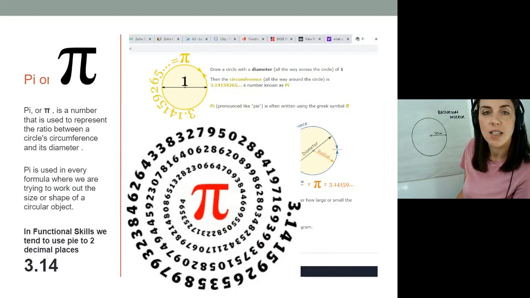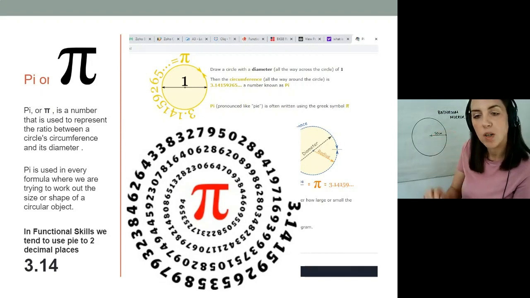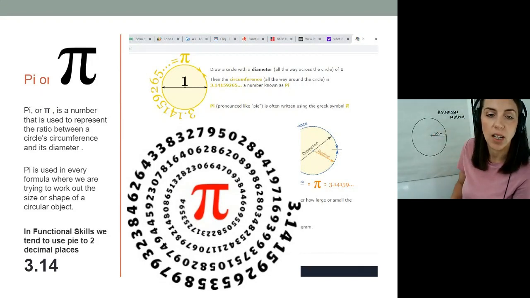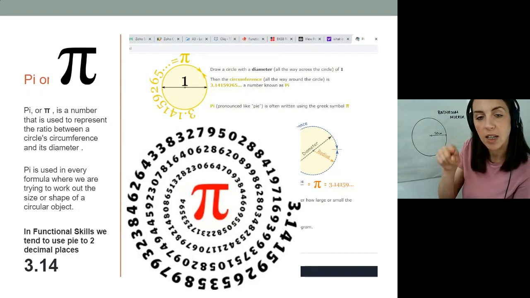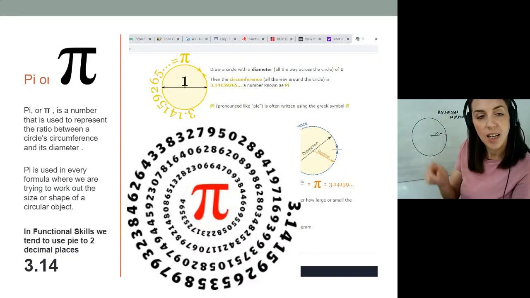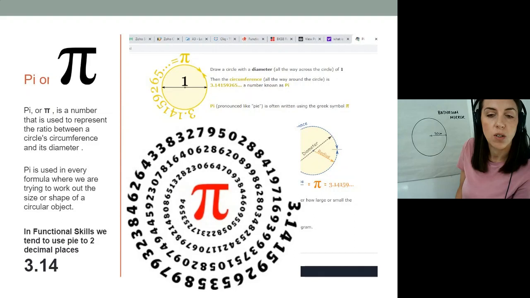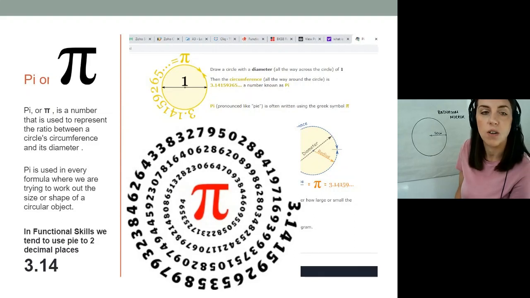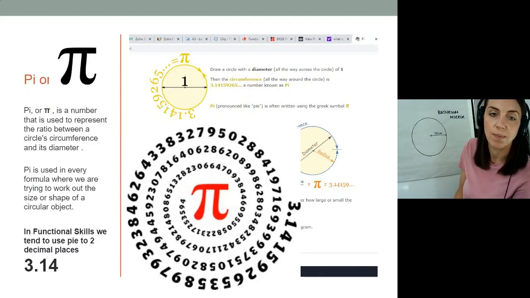On some occasions in your exam, it might ask you to use 3.142 or 3.141. But we just need to read the question carefully and see exactly how much they would like you to use for pi. But pi is actually infinite. As you can see in that circle, it goes on and on, 3.1415926535889, and so on. When I was at school, I was taught it's 3.142, or as a fraction, it's 22/7.